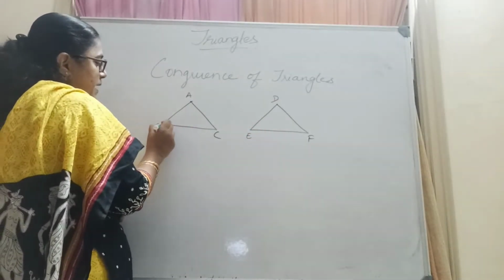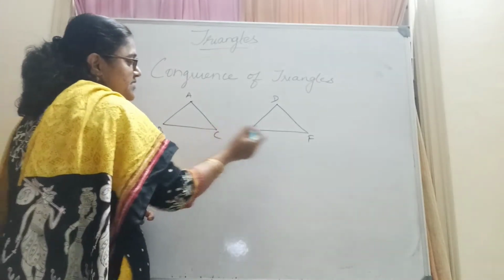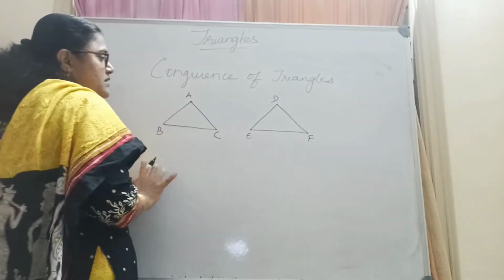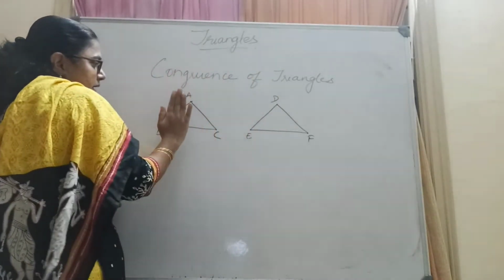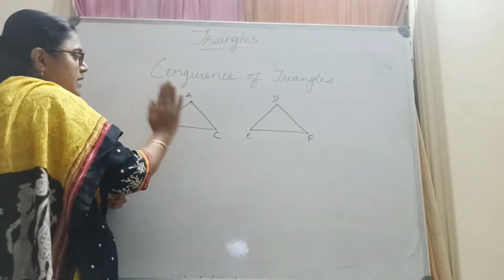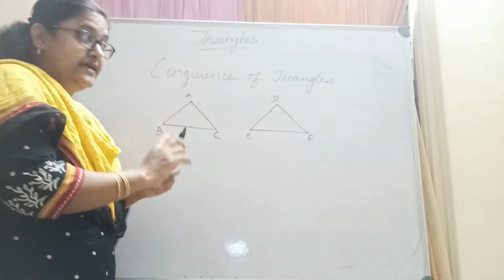Vertex B is corresponding to vertex E. Vertex C is corresponding to vertex F. Right? Now sides. Since I keep this DEF on ABC, it overlaps, right? What happens? My ABC is hidden. It means that they are exactly the same.